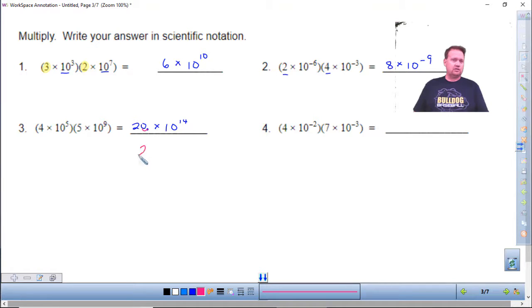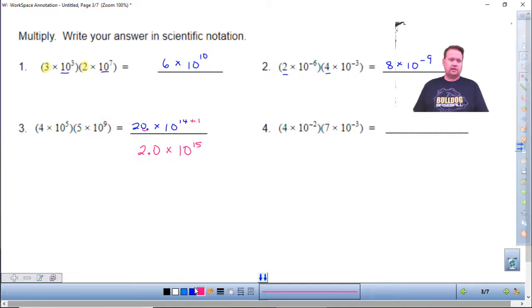So my final answer is going to be 2.0, if you want. You don't have to write the 0.0. But I made this number smaller. When I do that, I have to make this exponent bigger to balance it out. So when I make this number smaller, I moved it back, it's got to get bigger in the exponent. So times 10 to the 15th power. And that'll be our final answer on that one.